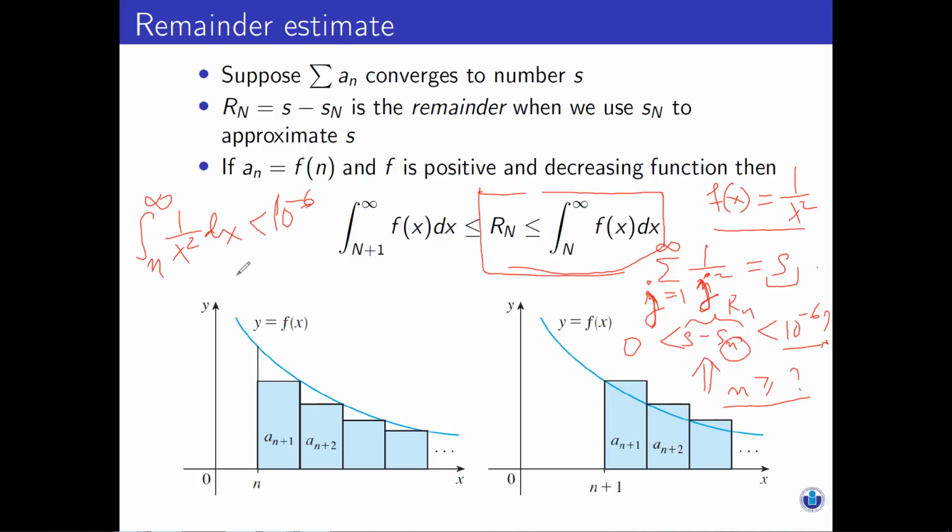But the antiderivative of this one is simply 1 over x. And when you evaluate from n to infinity, you get 1 over n. So what you want is this one less than 10 to the minus 6. So n needs to be bigger than a million.